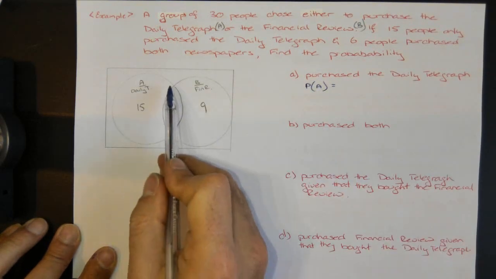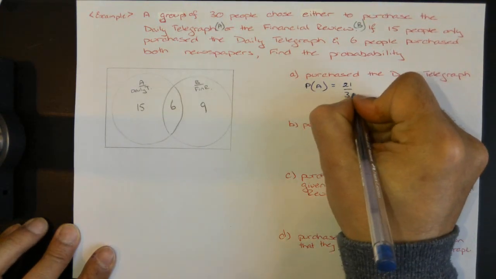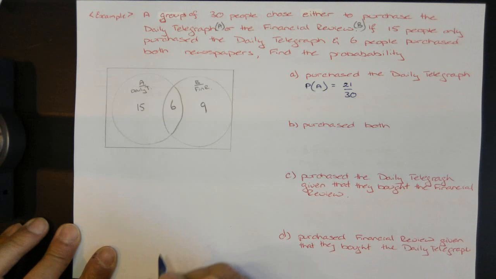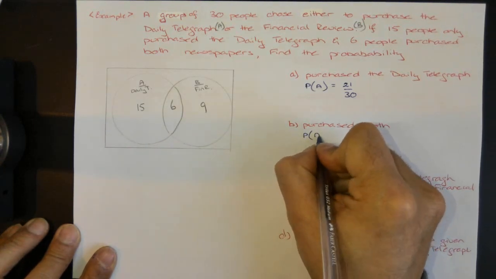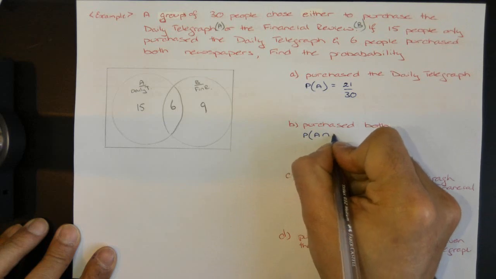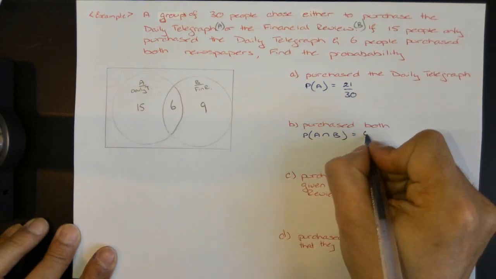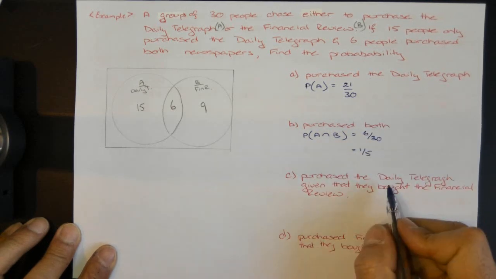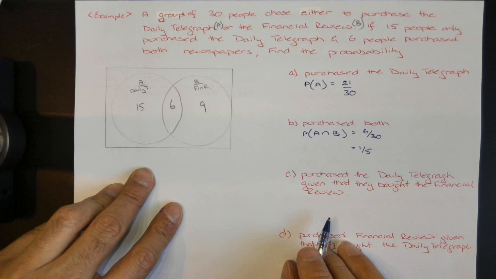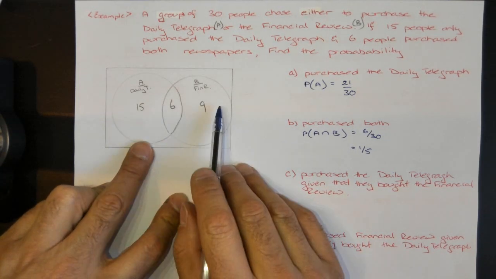Well, that's all of this, so that's 21 over the 30 that we had. If we wanted to purchase both, that's the intersection, so we've got 6 over 30, which is 1/5. Now, purchase the Daily Telegraph given that they bought the Financial Review.